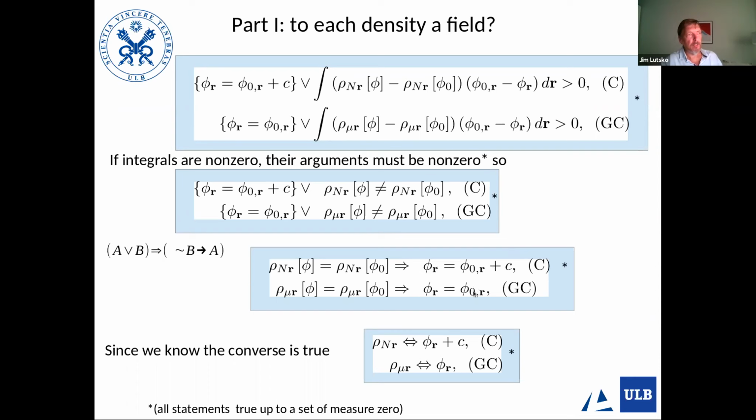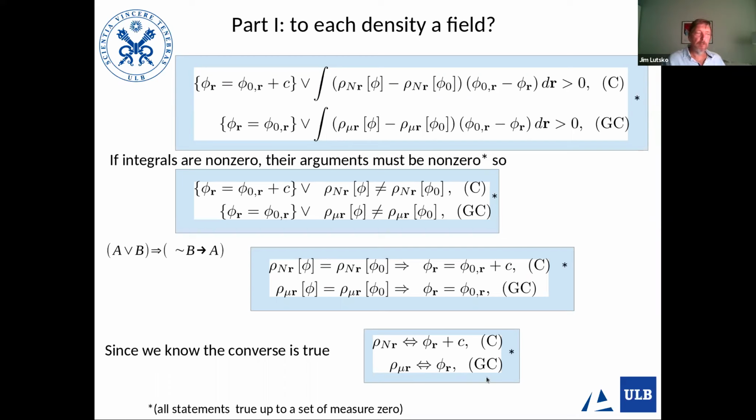That is, they're the same in the grand canonical ensemble, or they're related by a constant in the canonical ensemble. And given the reverse statement, which I already said, namely that each field implies a particular density, this establishes a bijection between the densities and the fields.